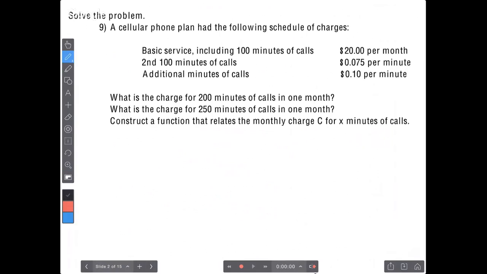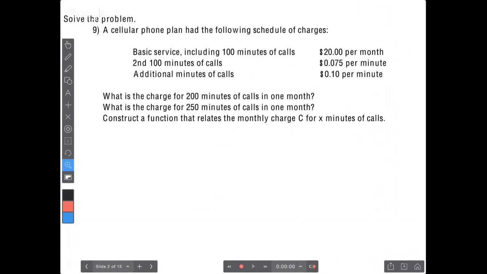Cool. What is the charge for 200 minutes of calls in 1 month? Well, for 200 minutes of calls, you're going to be paying $20 for that first 100 minutes. So it's $20 plus another 100 minutes of calls at 7.5 cents per minute. And Jasmine R, certainly we can do 8 or 7 after this.